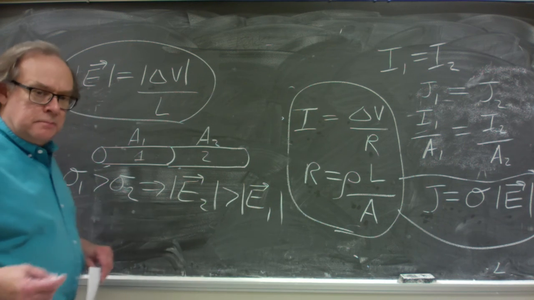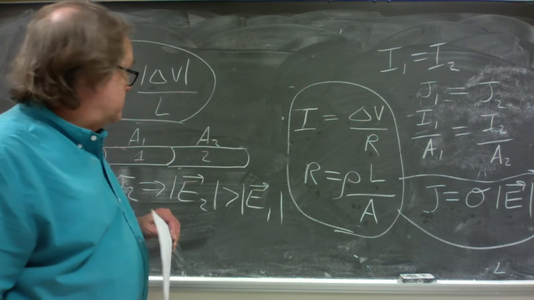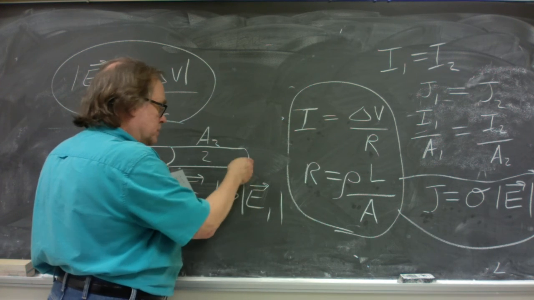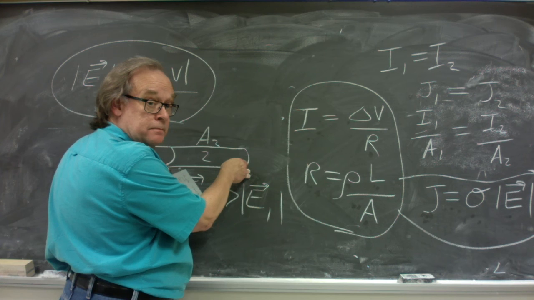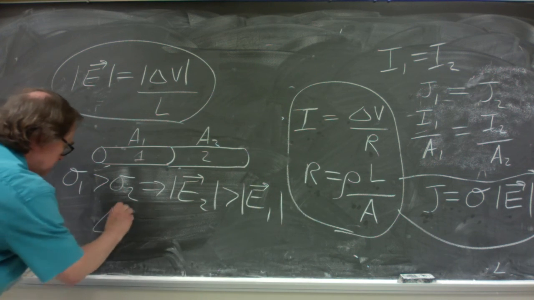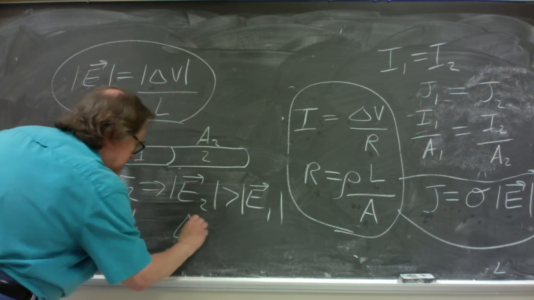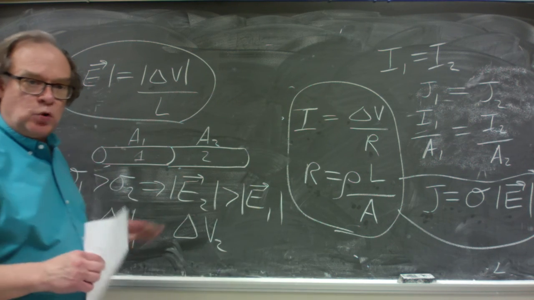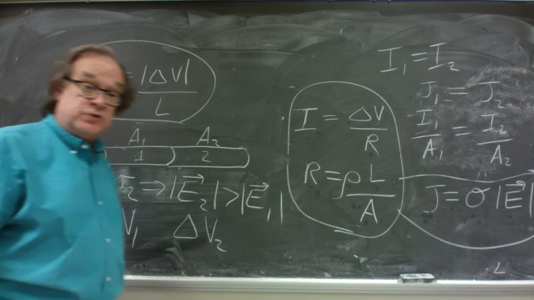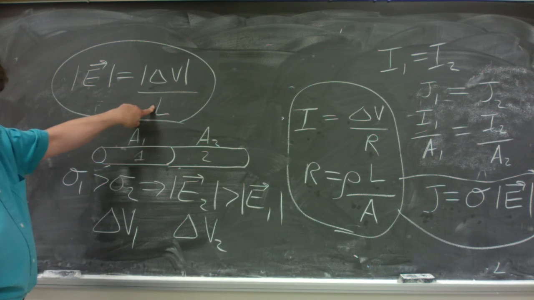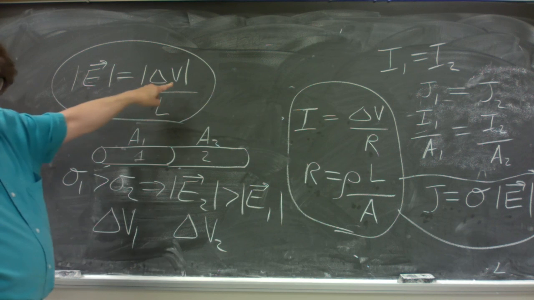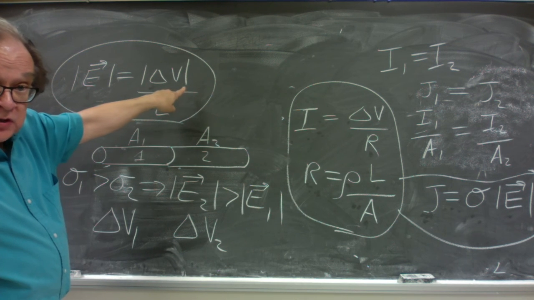Then what about potential difference? Potential difference between here and here, as opposed to potential difference between here and here. How does the potential difference between the ends of segment 1 compare to the potential difference between the ends of segment 2? Well, they both have the same length, so field strength is just proportional to potential difference.